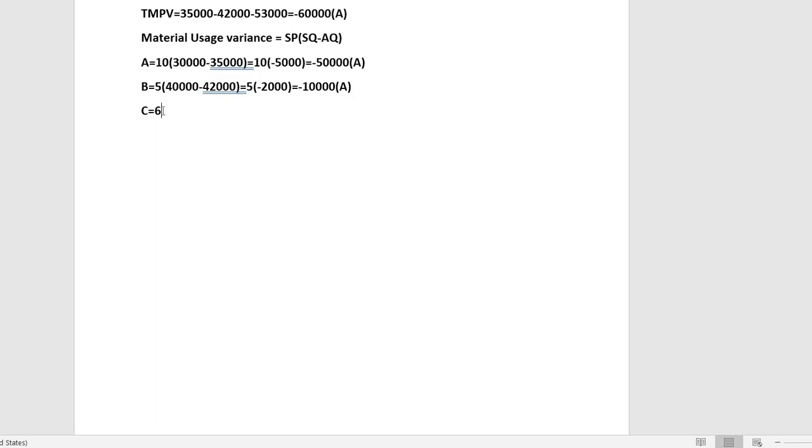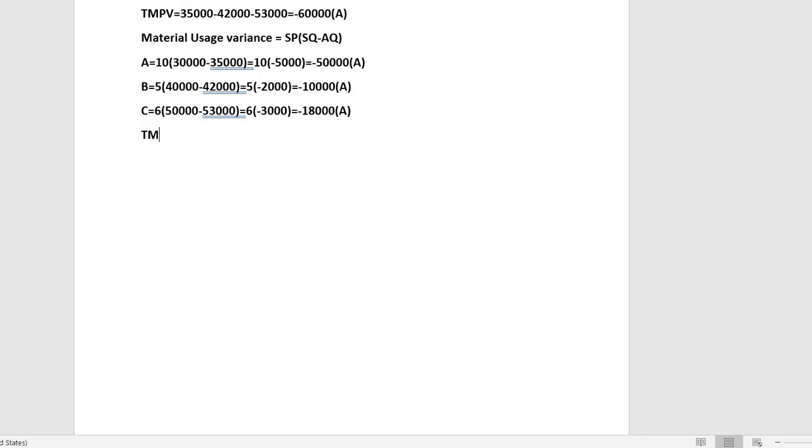That is 6 into 50,000 minus 53,000, which is minus 3,000. So 6 into minus 3,000 is equal to minus 18,000, which is also an adverse variance.